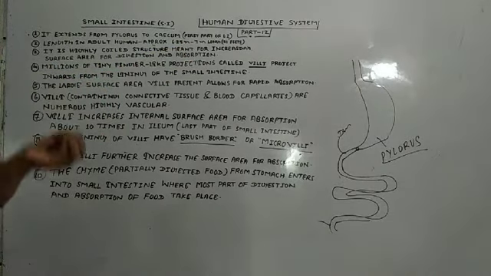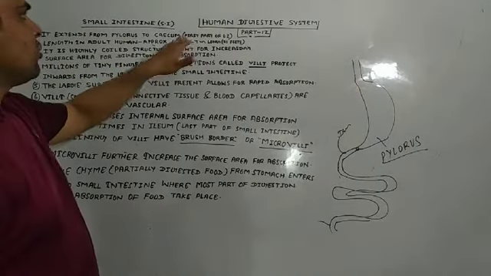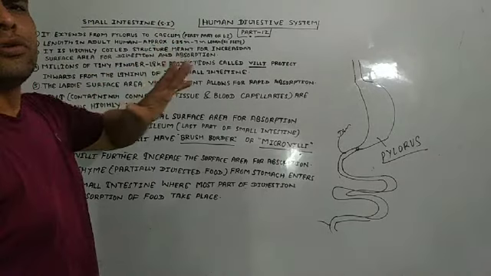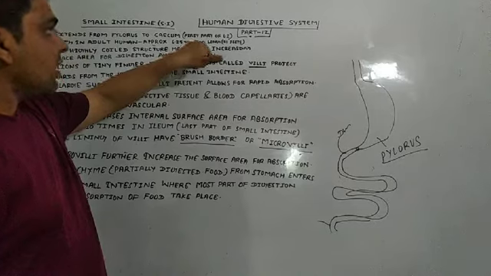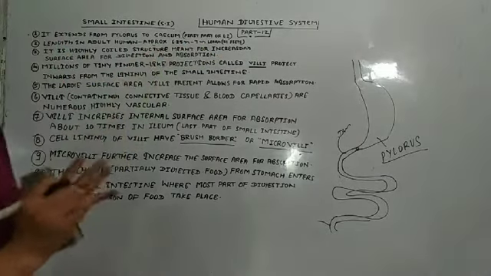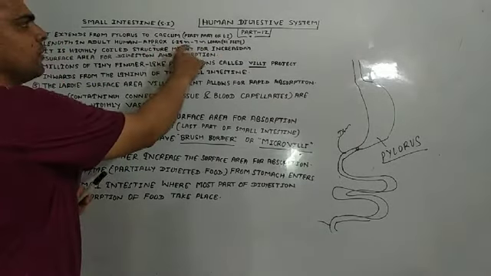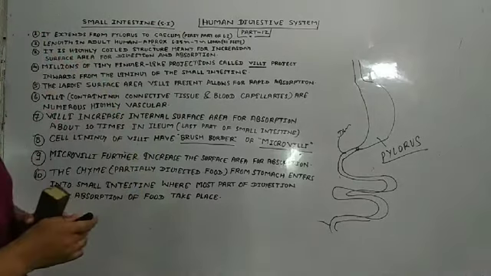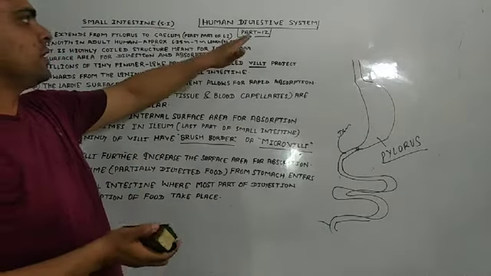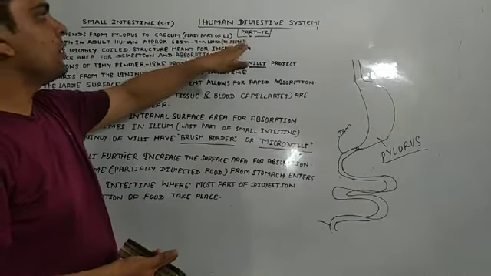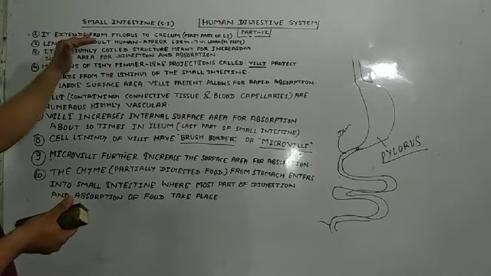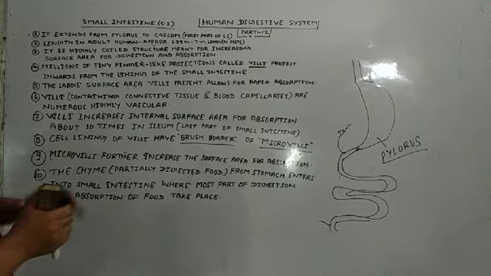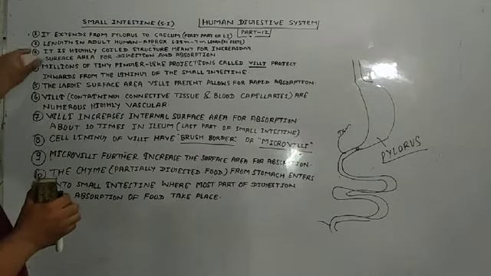In some books you have studied that the length is 6.25 meter, and in some books you have read 7 meter. So the approximate idea is 6.25 meter to 7 meter. If we talk about feet, it is a 20 feet long tube. Clear, students? So this is the length of the small intestine.